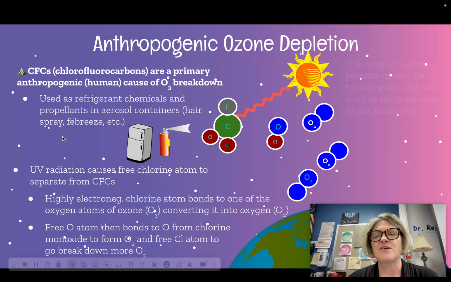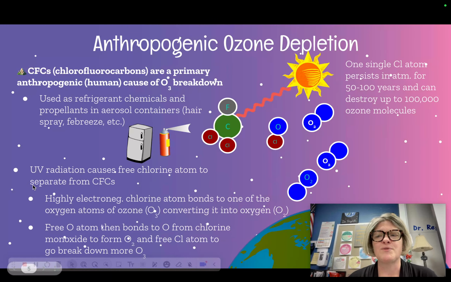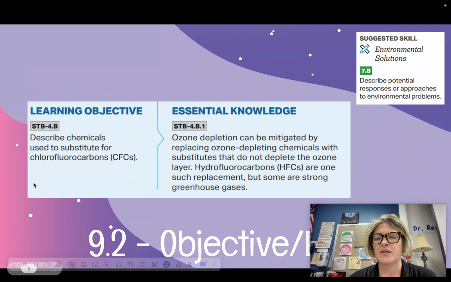Like I said, one single chlorine atom can actually persist in the atmosphere for 50 to 100 years. So the CFCs that we put in the atmosphere when I was little are still actually in the atmosphere, causing lots of damage. Over those 100 years, they can destroy up to 100,000 ozone molecules.